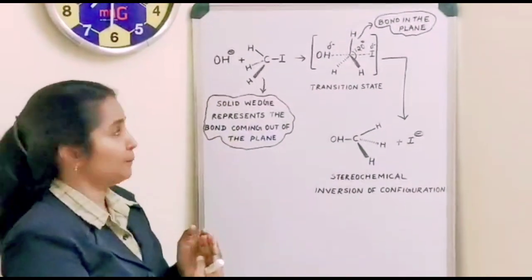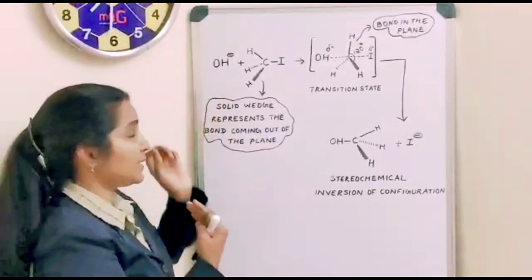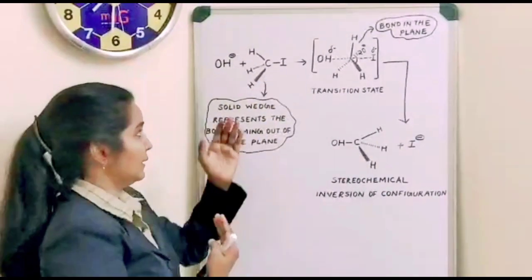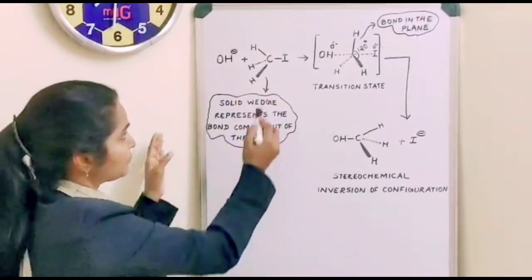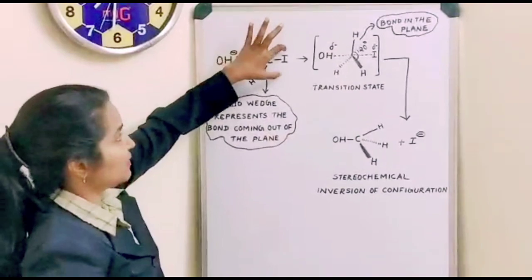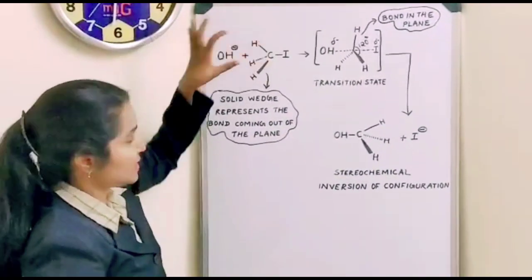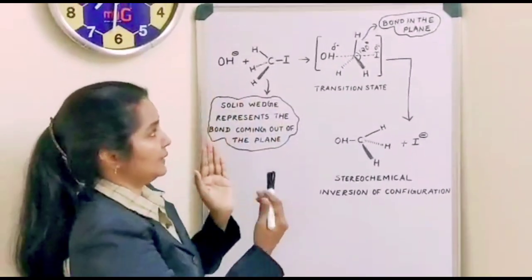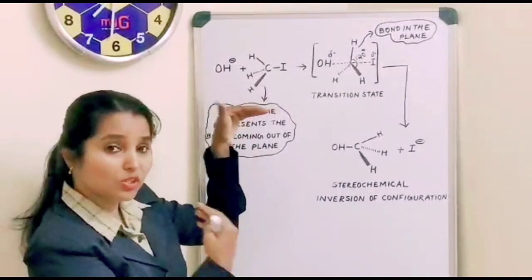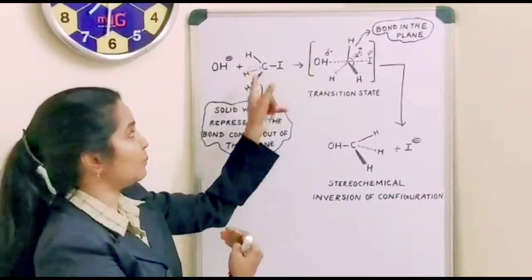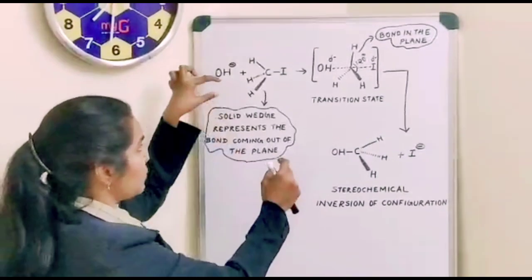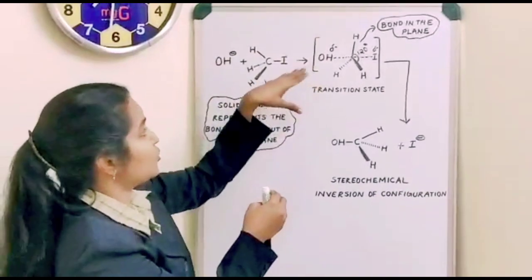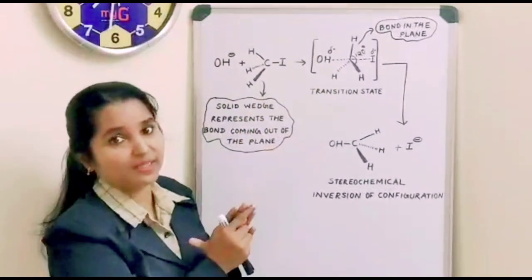So during the reaction, the hydroxide ion approaches from the rear side, that means from the back side of this methyl iodide. Here we have iodide attached to the methyl group, and when the hydroxide ion comes from this side, it attaches to the carbon present at the center. During that process, the hydrogen atoms adjust themselves and give way to the hydroxide ion to get attached to the carbon.